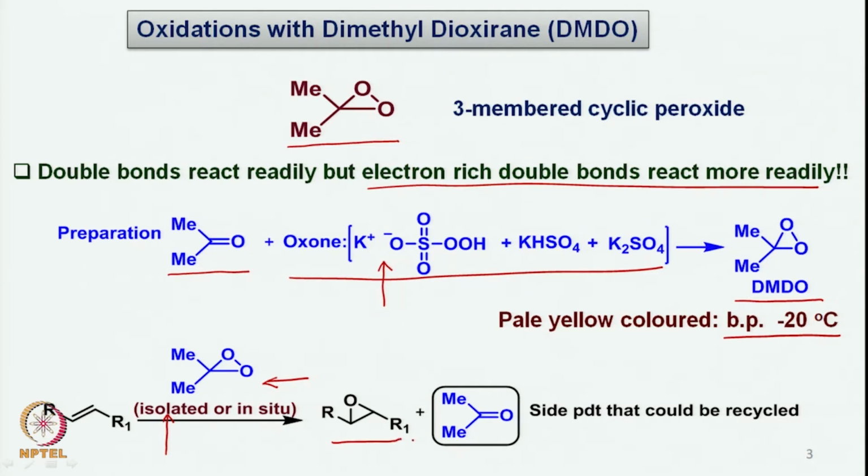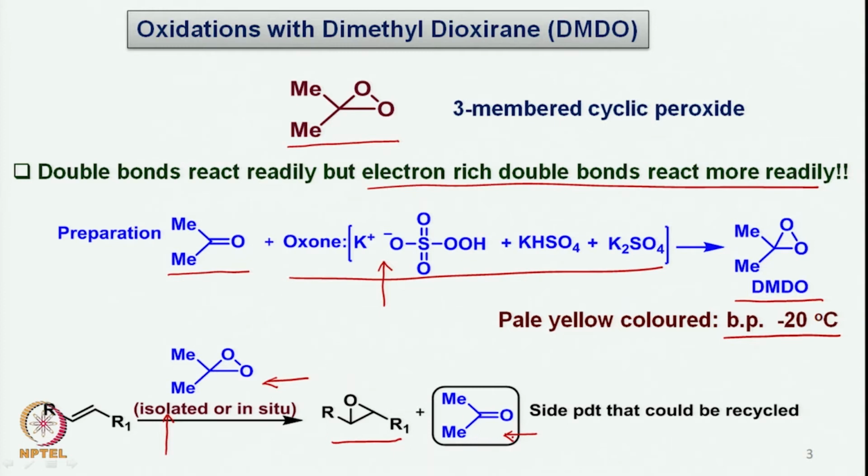Now, once one oxygen of the DMDO is transferred to the olefin, the side product is nothing but acetone. So, it is a very useful way of regenerating the starting ketone. That means your starting ketone is acetone that reacts with oxone, forms DMDO, and if that DMDO reacts with the olefin, you get the corresponding epoxide and acetone back.